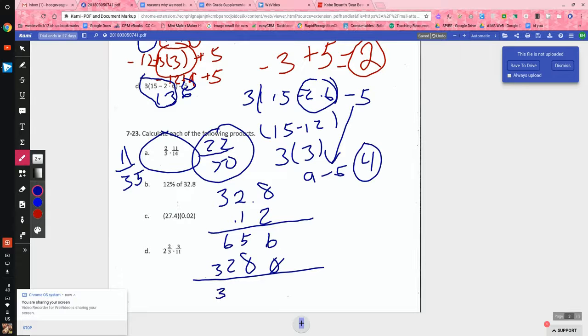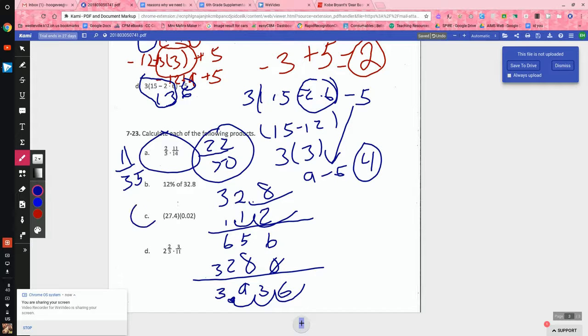Add it up, you should get again 1 over to the right, place values 1, 2, so 3 total, 1, 2, 3, 3 and 936 thousandths.